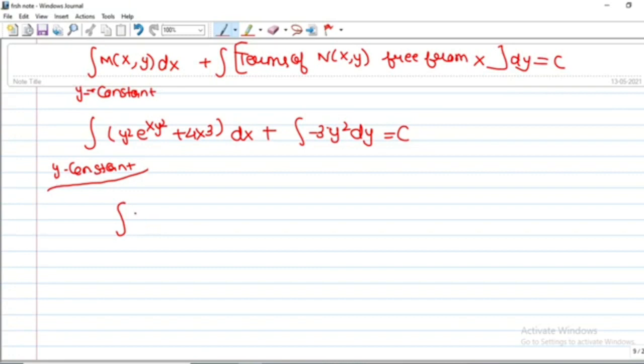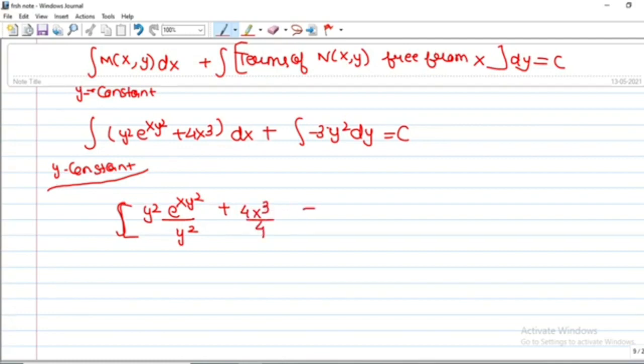Y is constant there. So what we are going to get is y square will be as it is, e power x y square will be there, and if you differentiate, here it will be differentiation of x y square, so only y square will be left. And here what will it be? If you integrate this 4x cube, it will become 4x cube by 4.